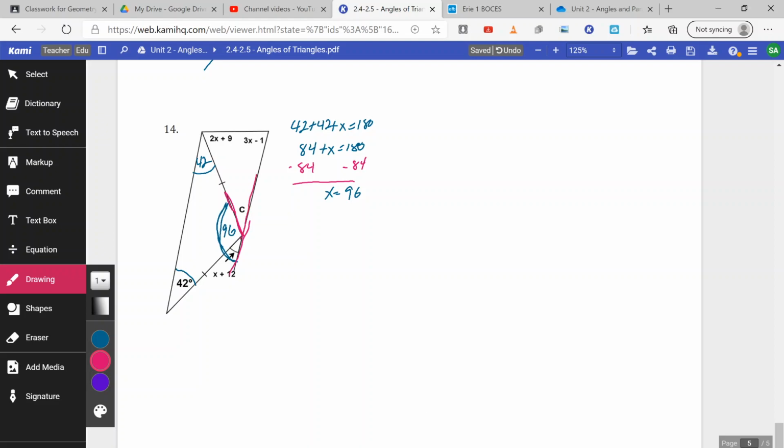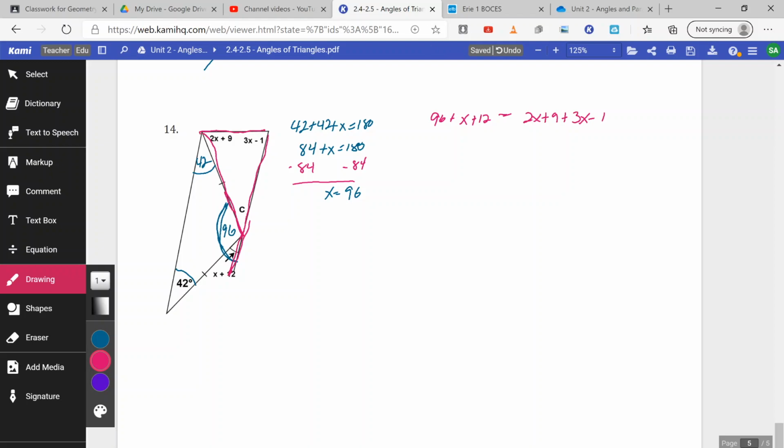So I follow this line here, all the way over to here, and I see I encompass this triangle here. So the exterior angle is our 96 plus the x plus 12, and that is equal to the two far angles, 2x plus 9 plus 3x minus 1.